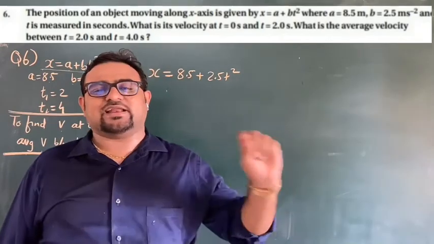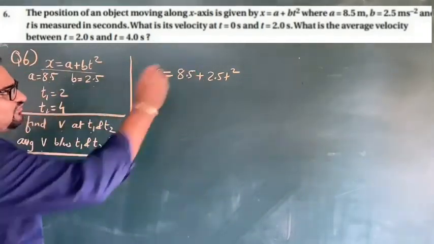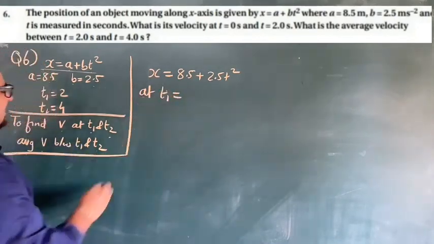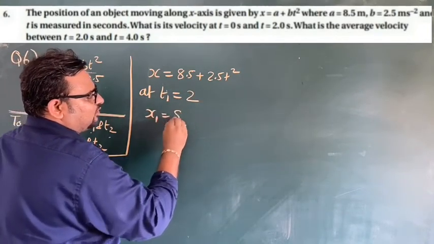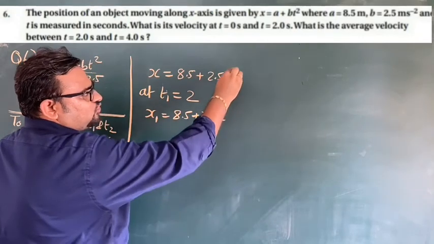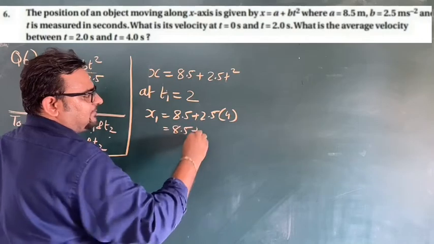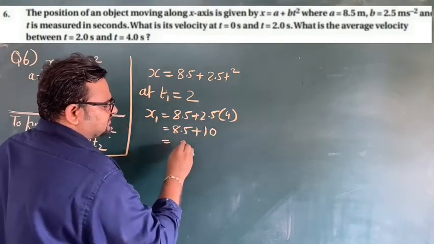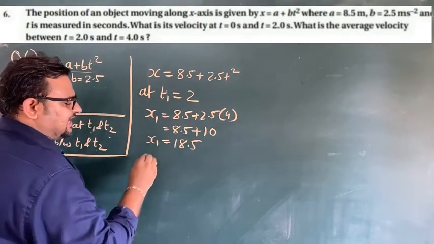That means x2 minus x1 upon t2 minus t1. So now the equation of x is given. At t1 equal to 2, x1 will be equal to 8.5 plus 2.5 into 2 square, which is 4. So 8.5 plus 2.5 into 4, that is 10. This is equal to 18.5. This is x1.